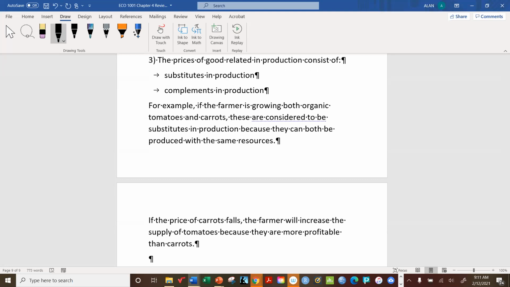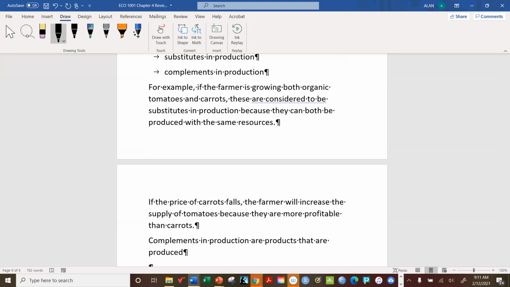Now the complements in production are products that are produced at the same time, I guess we could say. For example, I think I mentioned this example when oil wells are drilled.